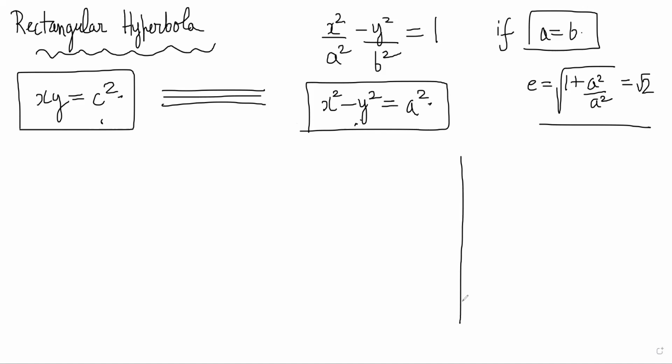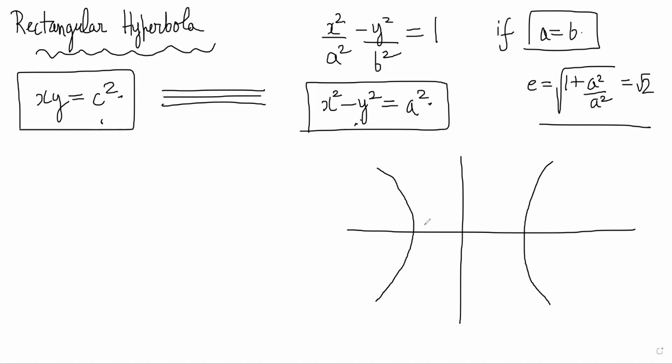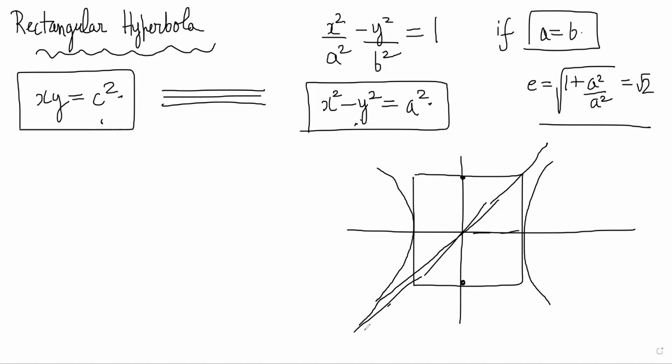Basically, normally hyperbola was like this, and for rectangular hyperbola, this distance is the same as this distance. b is equal to a, so this becomes a square. And the asymptotes become what? y is equal to x and y is equal to minus x.